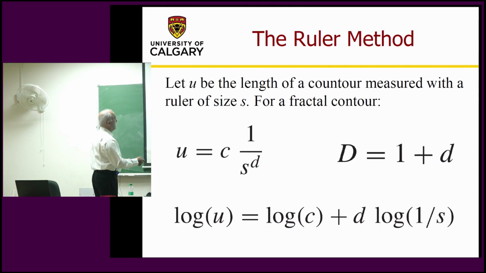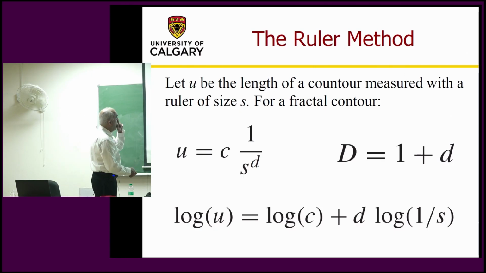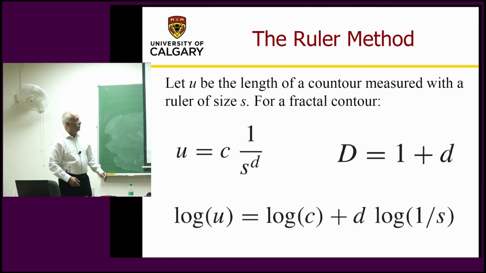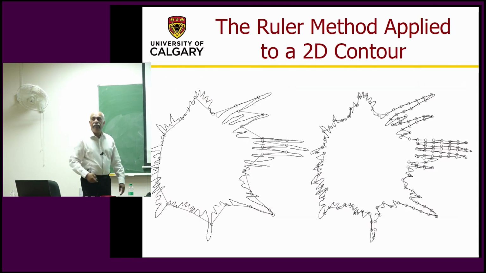U is C times 1 over S to the power of D, where U is the length of the whole contour that you measure, C is a scale factor, and S is the scale. C is like how many millimeters your ruler is. D is a dimension. The fractal dimension is 1 plus D. You're adding this measure to the Euclidean dimension. If you take log, you get this equation, and if you take the slope of that, you will get the fractal dimension.